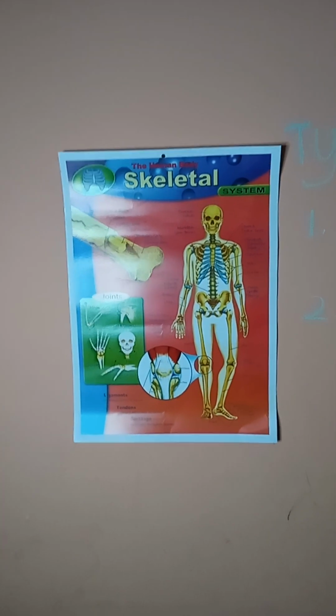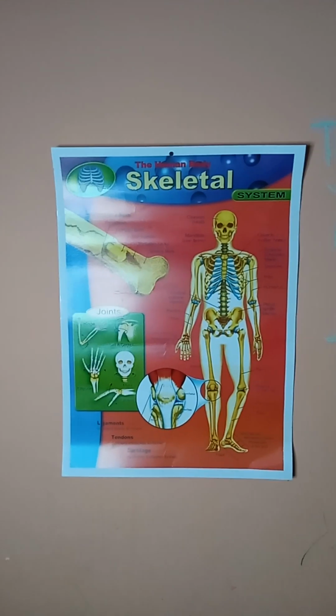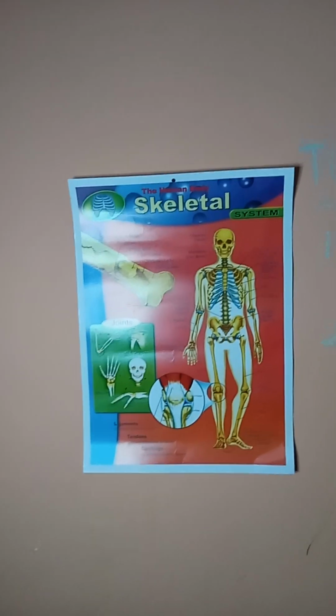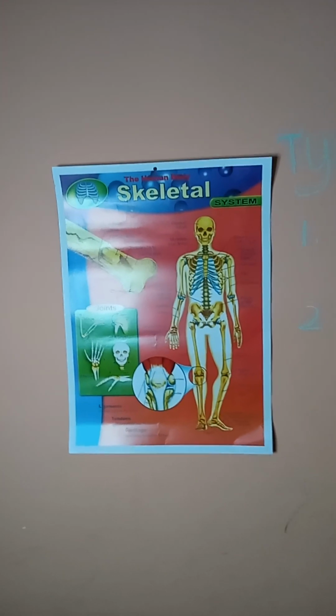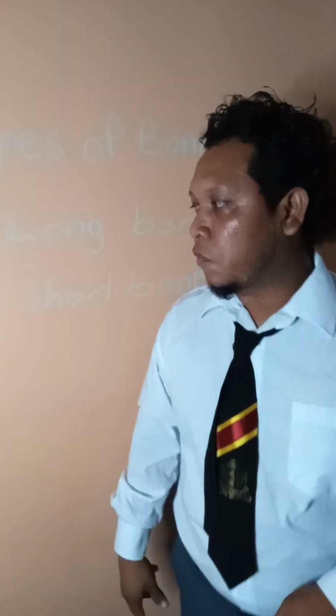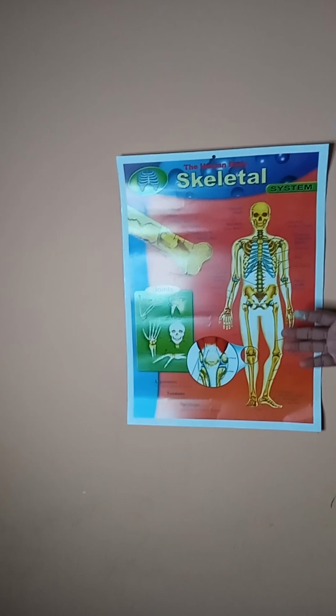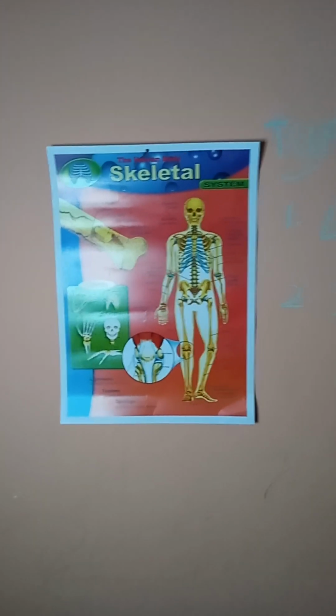In the fingers. All right. So basically, we could find the short bones in our wrists and in our ankles. So if we watch the diagram here again, could you give me one example of a short bone? Again, in the wrists and in the ankles.